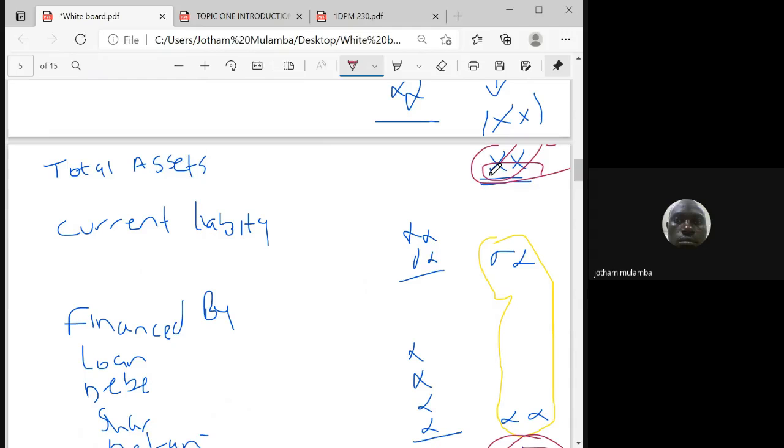Who can give us some of the reasons why you can do how we have done, but you get a different answer? Rachel, what are some of the reasons that we could have done it very well, but it doesn't balance?